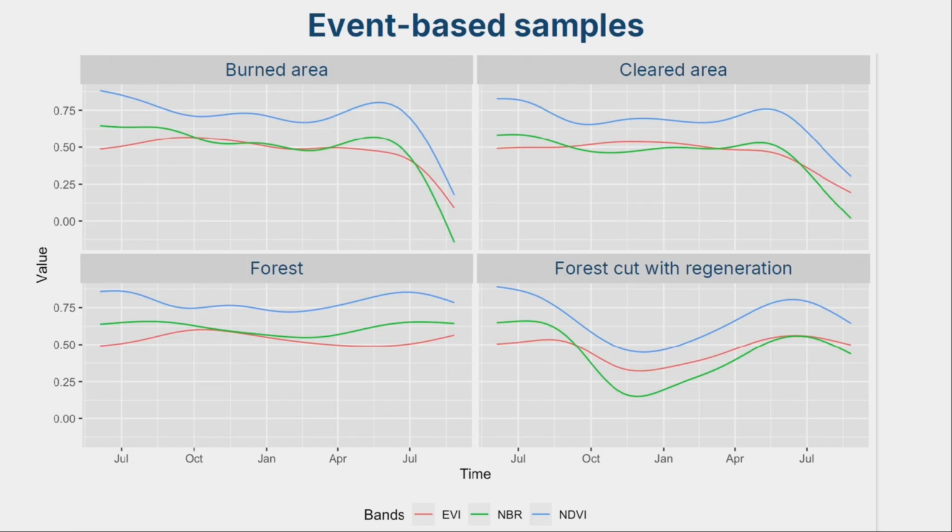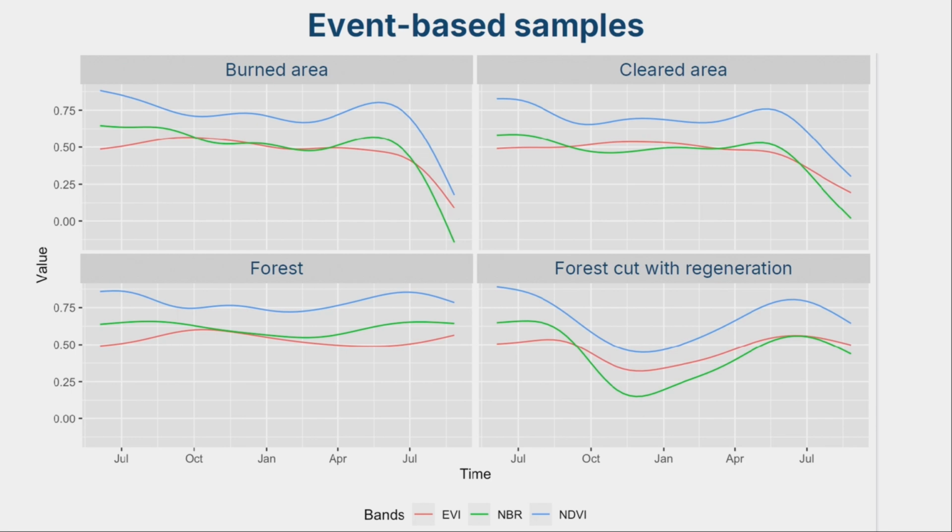Here we have a few examples of a work we developed. As we have multiple types of deforestation, for example, starting with fire or the removal of trees, we have them listed here. Burned areas is one type of deforestation, and here is the temporal signature of this specific event. Same for cleared area.